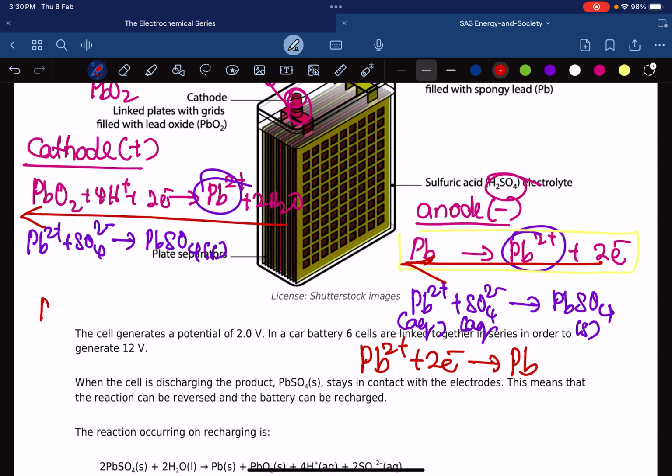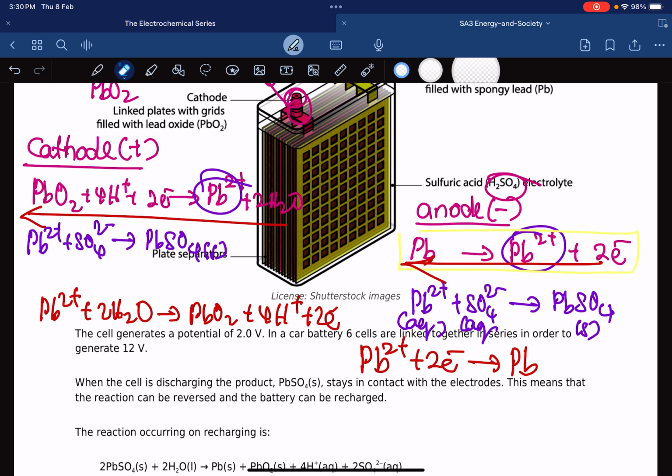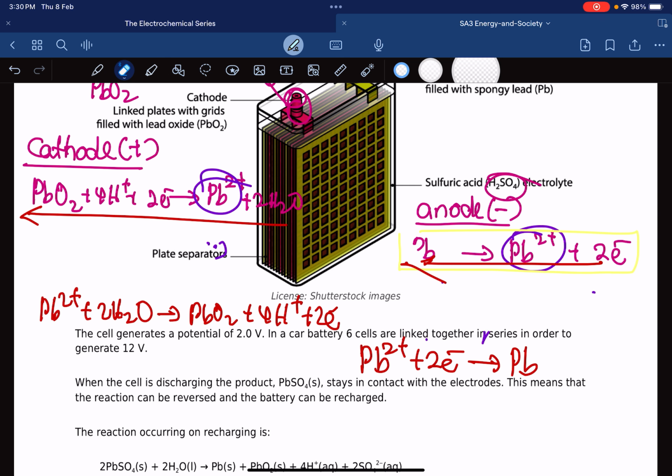So Pb2+ picks up 2 waters and becomes PbO2 plus 4H+ plus 2 electrons. So we just reverse everything. Okay, very easy. So this is during recharging. Let me just erase this part off. The equation that I'm writing at the bottom here is during recharging. During recharging, we are doing the reverse of whatever has happened.